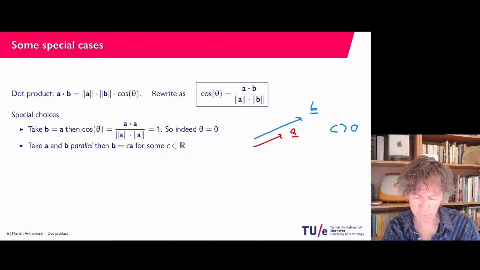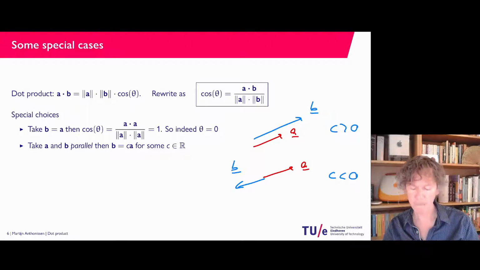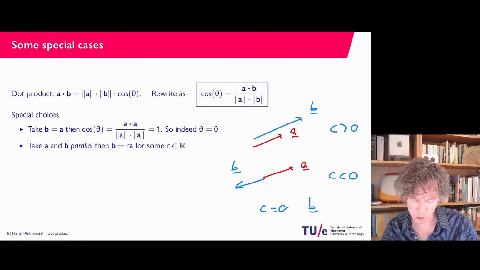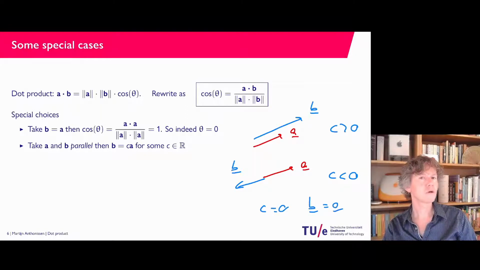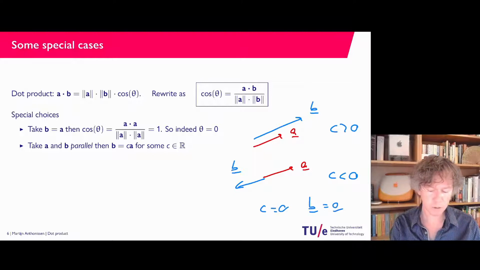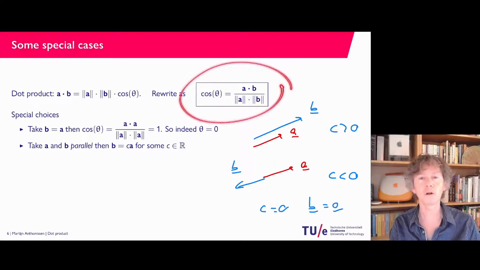We can also have the situation that B points in the opposite direction. C is less than 0. And then the third case, which is a bit boring, is that C equals 0, and that means that the B vector equals 0.